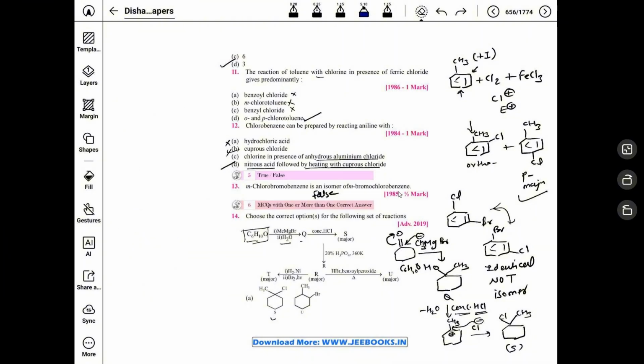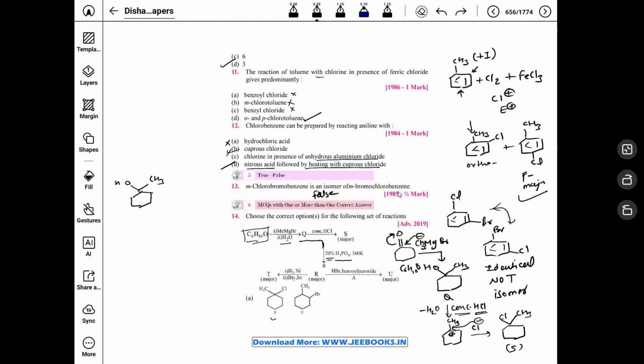And there is a reaction of Q. Actually, its arrow is here with orthophosphoric acid, and this is 20%. So it is providing the dilute condition, and in dilute condition, Q has an OH group.